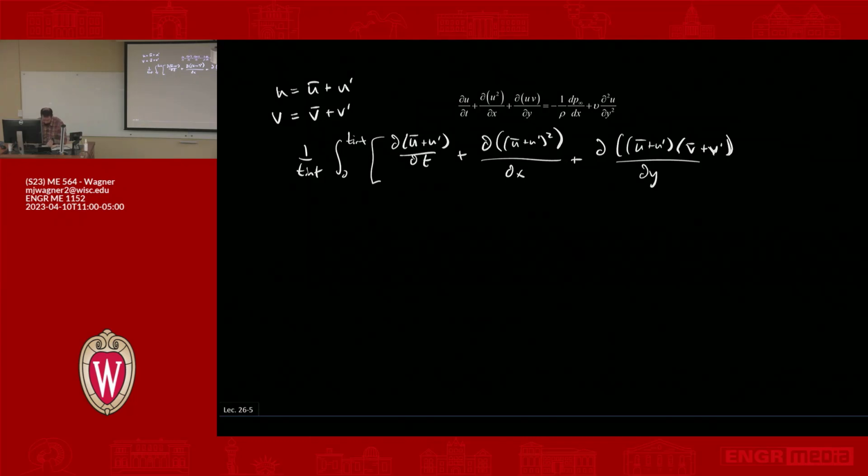And that equals, on the right-hand side, 1 over rho dp infinity dx plus nu times second derivative of U bar plus U prime with respect to y. End of that, dt. So that was our big integral.